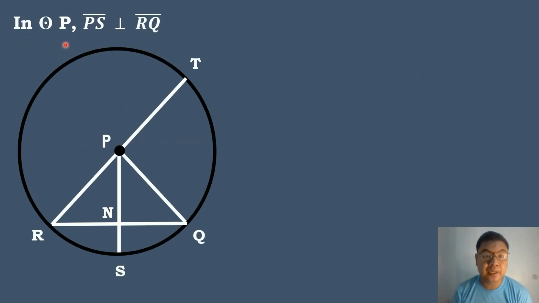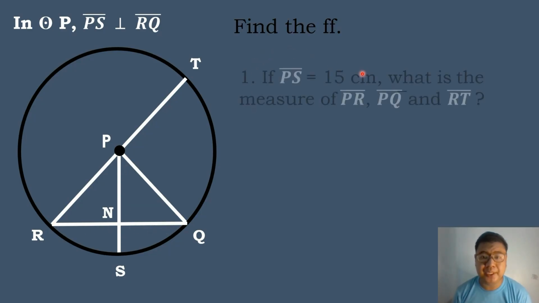So let's have an example. In circle P, segment PS is perpendicular to segment RQ. So we have this segment which is a radius, radius PS, and it is said that it is perpendicular to the line segment RQ. We have to find the following.